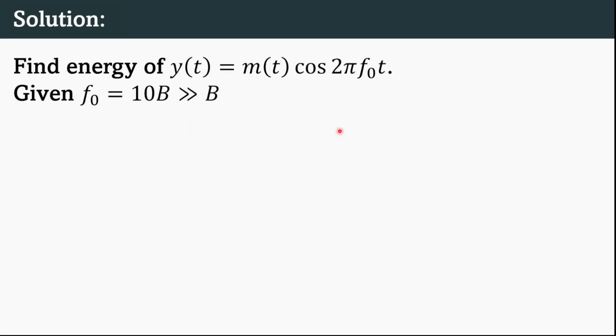We have to find the energy of the modulated signal given by y of t equals m of t times cos 2 pi f naught t, and we are given the modulating frequency to be 10 times the bandwidth of the message signal, which is reasonably larger than the bandwidth of the message signal.